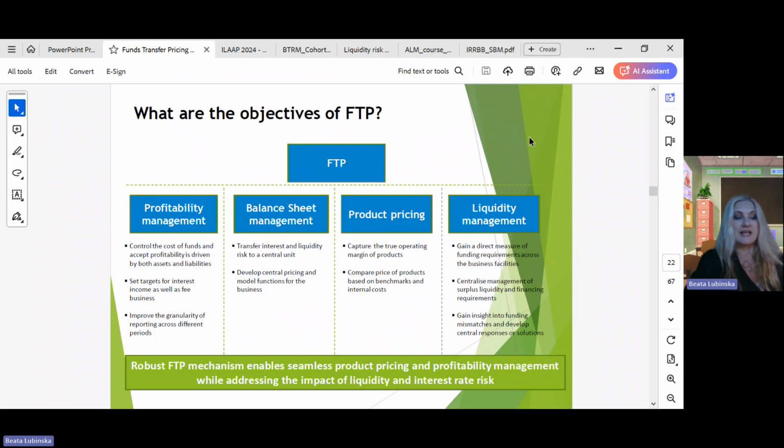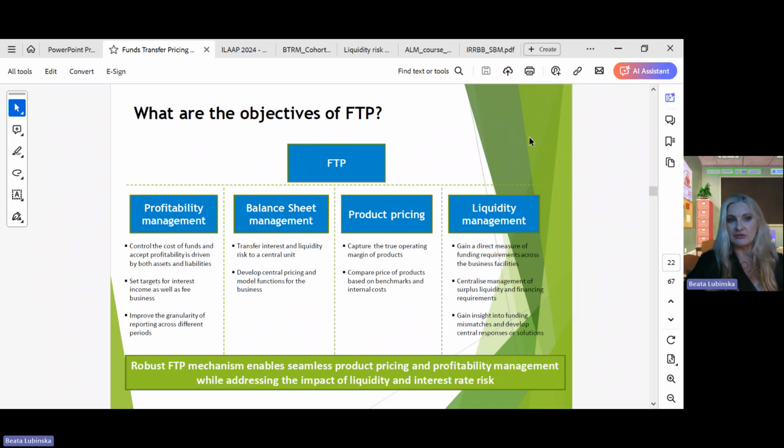The same is true for liabilities. If you have a liability which is sticky, long-term, good quality, you will recognize a higher FTP rate because the product is sticky and is the source of liquidity for longer, in comparison to the volatile, short-term product, which is, of course, riskier and has a higher impact on your liquidity metrics as well.